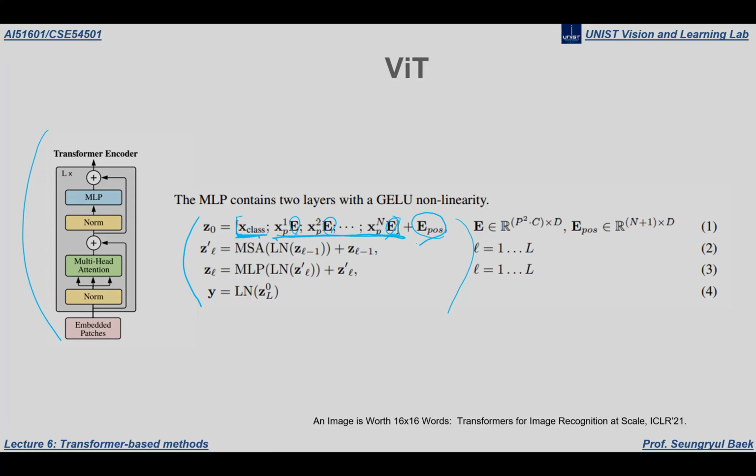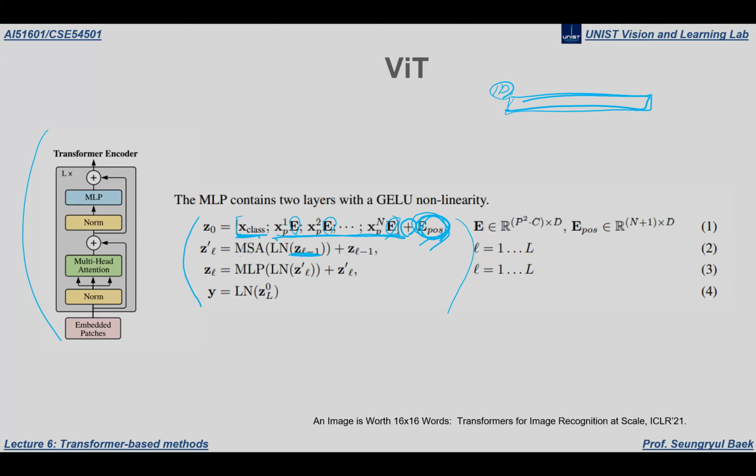The positional embedding is also added to the input. In the word sentence, the positional encoding was a one-dimensional vector, but now it may become two dimensions. So the positional encoding has to encode two-dimensional space now. That's the only difference.